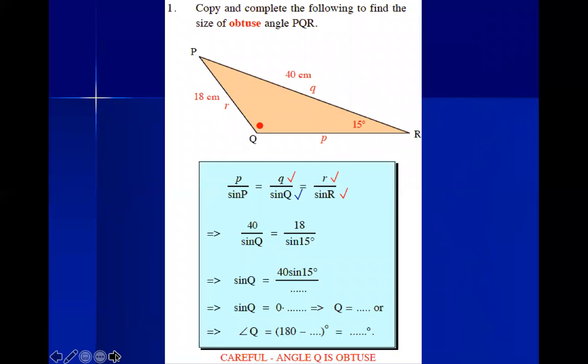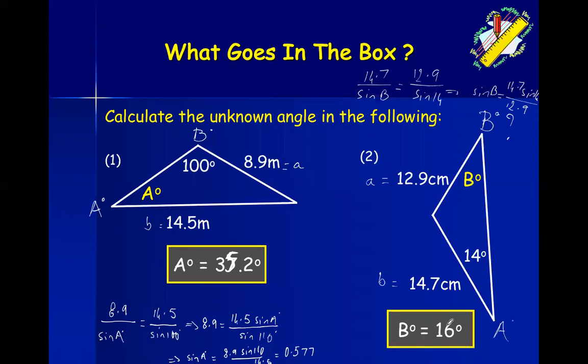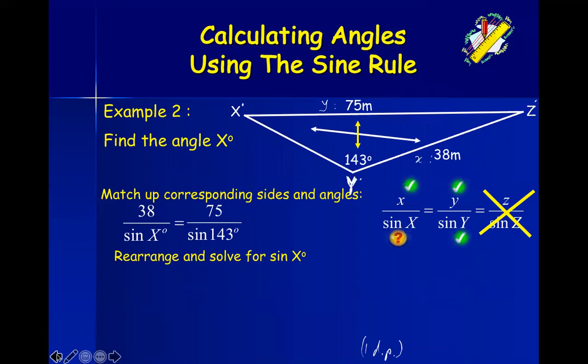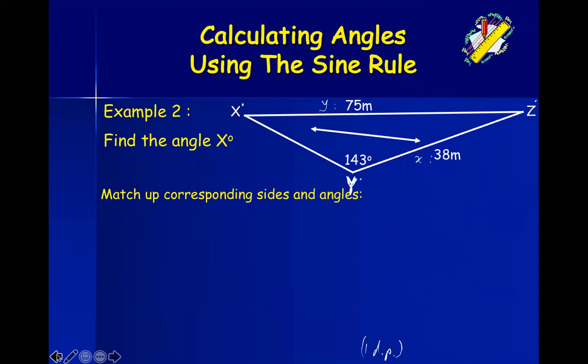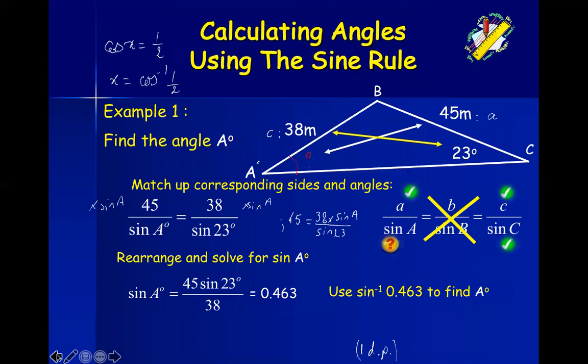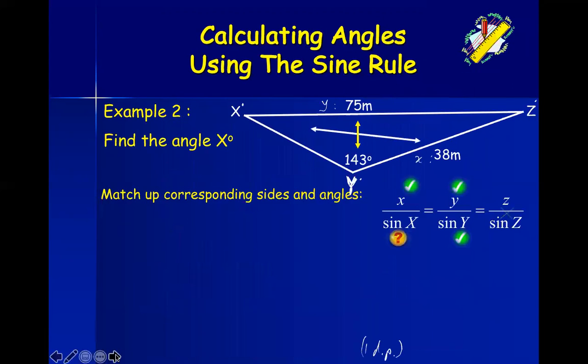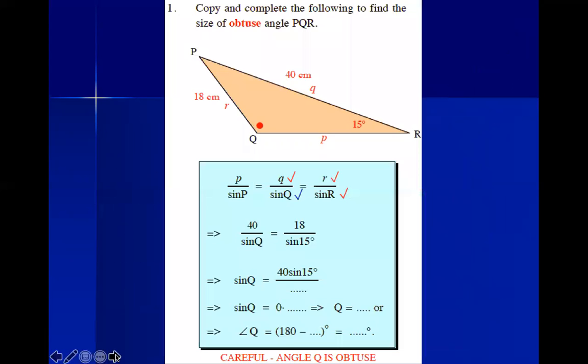So this is just to walk you through. Oh, this is the interesting bit. In this exercise, have you noticed so far all the angles that we've looked at were less than 90 degrees? 16, 35.2, 17.8. Every single one that we did was less than 90, right? That's probably why I put that slide there.